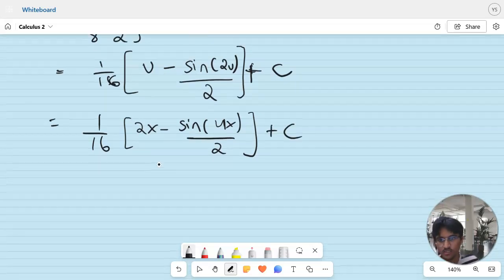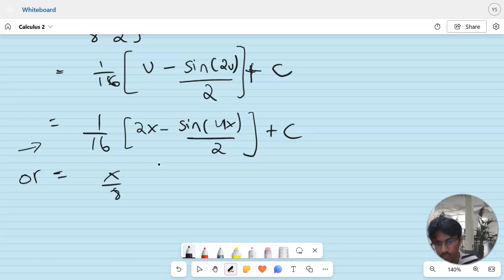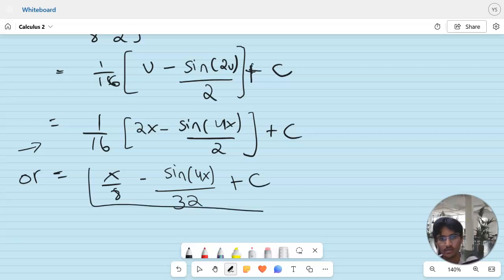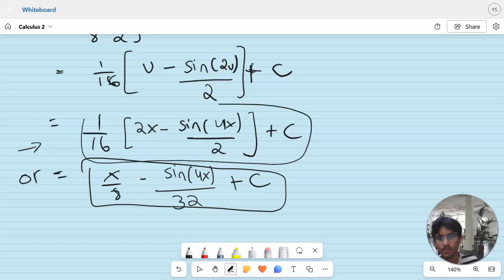We could even simplify this further, or you could write down x over 8 minus sine 4x over 32 plus c. Okay, guys, either this answer or this answer works.